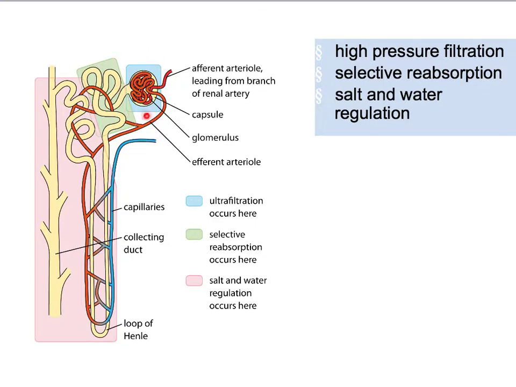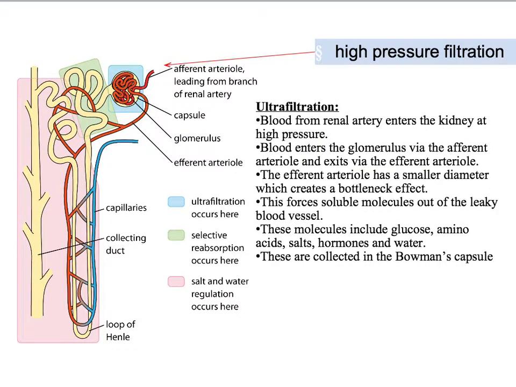So this blue area here shows where ultrafiltration or high pressure filtration will happen. The green area will show where selective reabsorption occurs, and the pink or red area shows where salt and water regulation occurs. Now, as the name suggests, this high pressure filtration happens at high pressure.